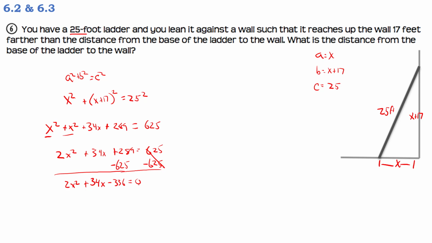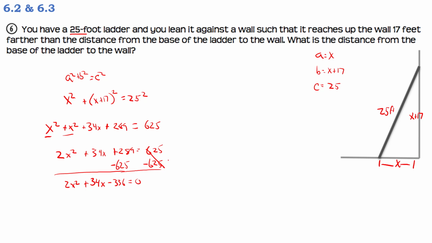So now let's go ahead and get a 1 over here, I should say, for our x squared, right? Because we want to get it to where we can factor this out easily. Let's go ahead and see if we can factor anything out of these guys. And it looks like 34 is divisible by 2 and 336 divided by 2, and of course 2 is divided by 2. So let's go ahead and divide everything by 2 so we can factor that 2 out.